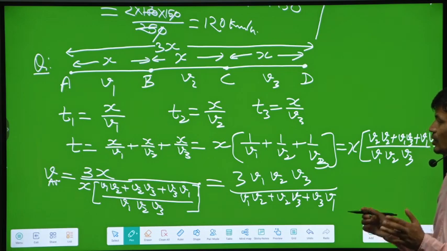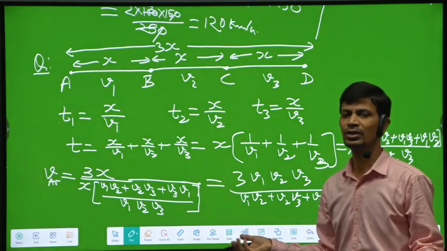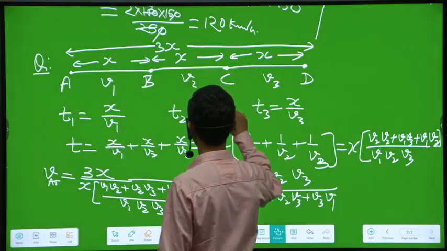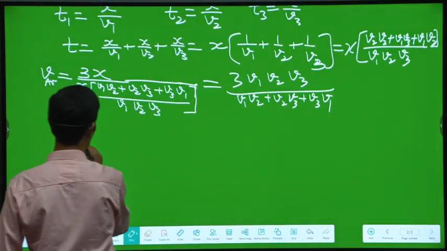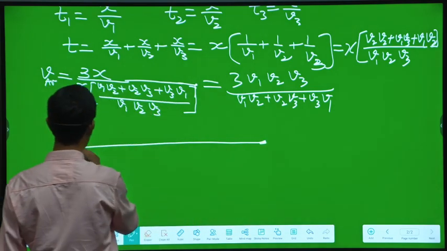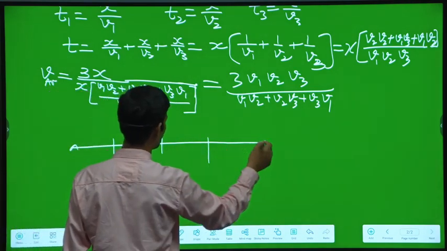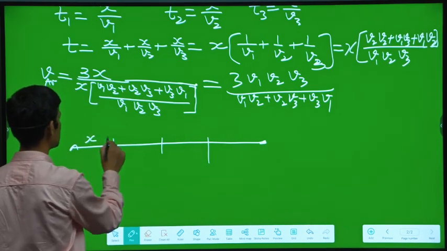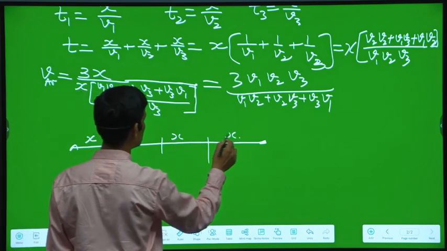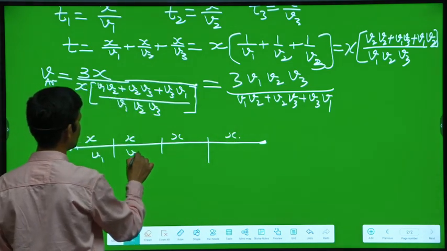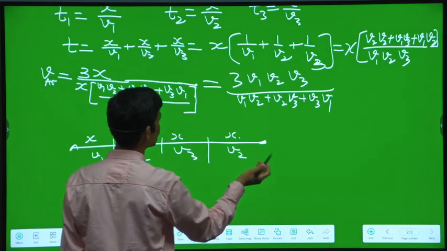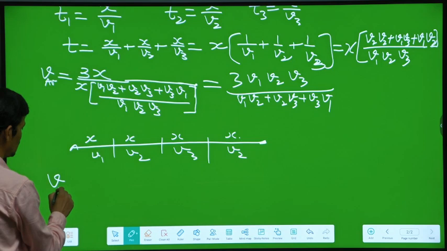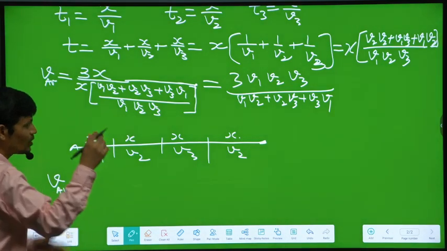Similarly, we can do it. Actually, this type of question will never come, but if it would, if the journey is divided into 4 equal parts, 1 2 3 4, and the same type of situation is there, all parts are equal, and v1 v2 v3 v4 were the speeds, then we can say that now I'm not calculating it.